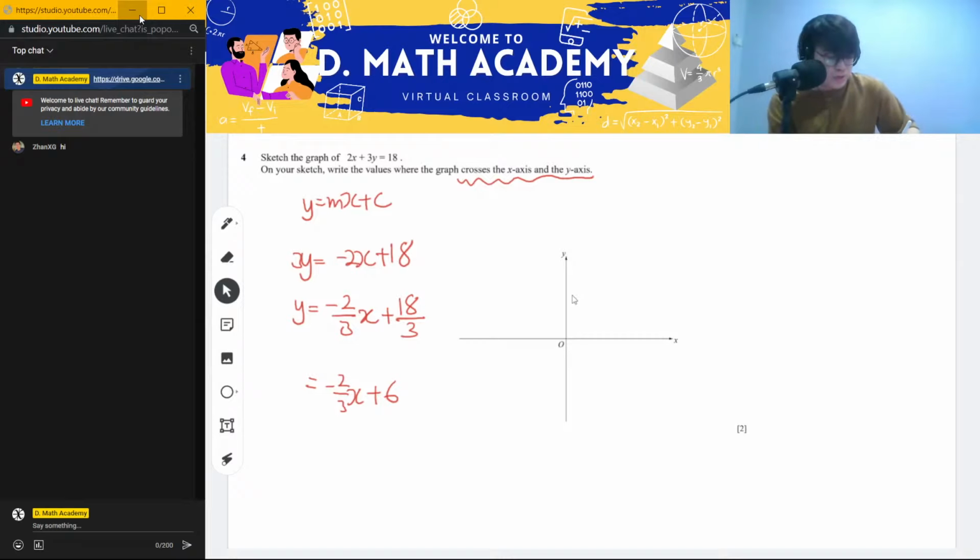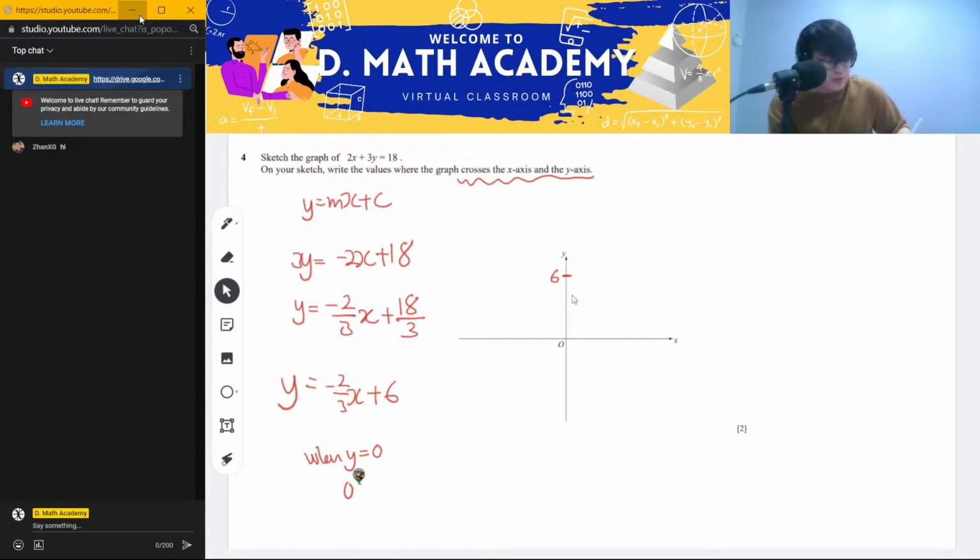So what you have to do is to label the 6 down, and then you have to check your x-intercept here. To check your x-intercept, that will be when y equals 0. You can leave all these workings on the side, but they won't refer to it to award you marks. For this type of question, they only look at your graphs. They want you to get the x-intercept and y-intercept correctly.